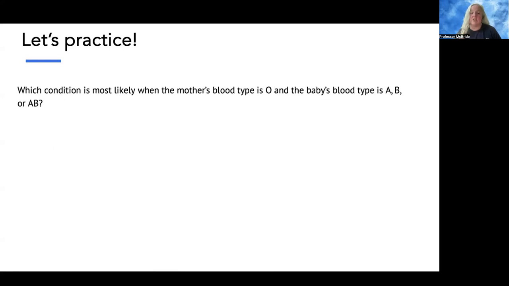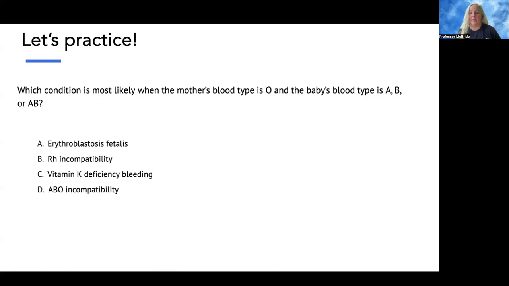And finally, which condition is most likely when the mother's blood type is O and the baby's blood type is A, B, or AB? Erythroblastosis fetalis, Rh incompatibility, vitamin K deficiency bleeding, or ABO incompatibility. So remember that erythroblastosis fetalis is a very severe condition that often is going to be more prevalent with an Rh incompatibility, when the red blood cells are being broken down by mom's antibodies at a very high rate, not as common with ABO.